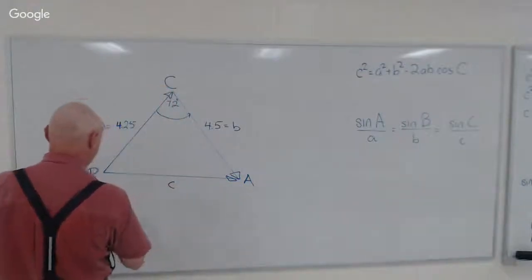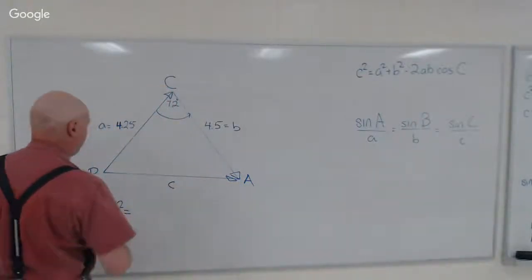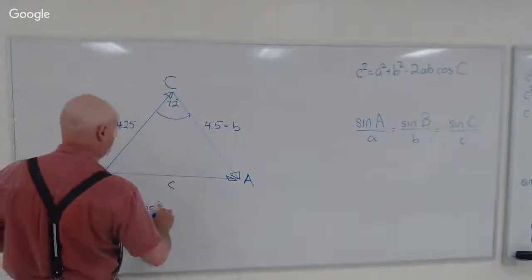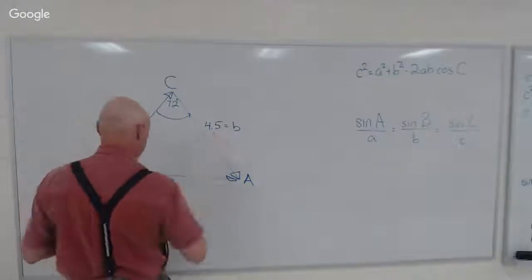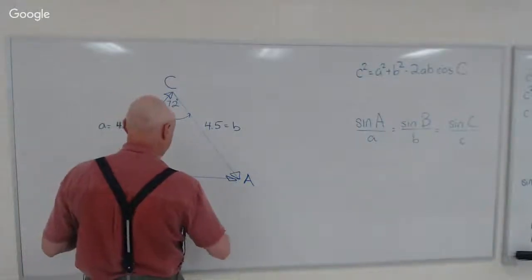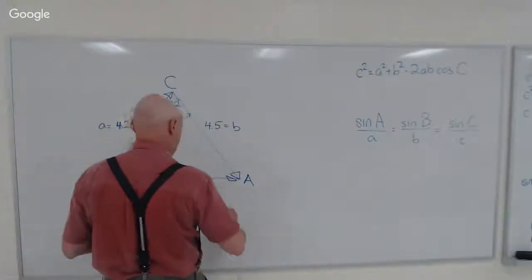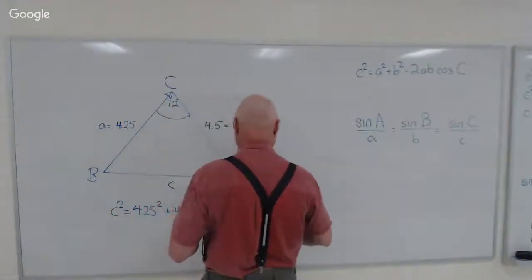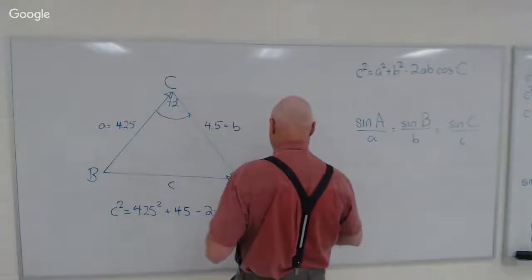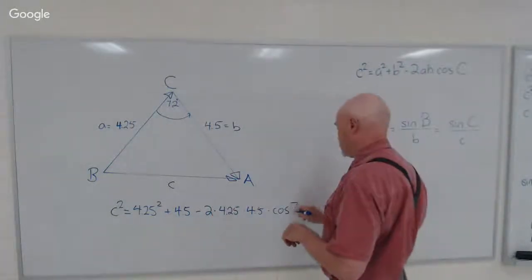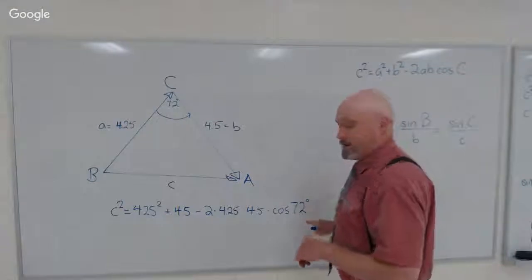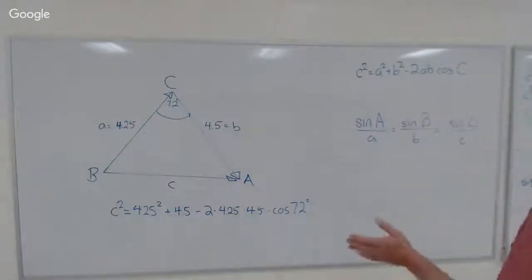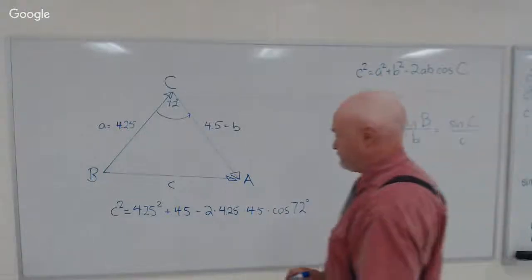So c squared, which is what I'm trying to find out, is equal to a squared, in other words, 4.25 squared, plus b squared, in other words, 4.5 squared, minus 2 times 4.25 times 4.5 times the cosine of 72, and make sure your calculator is in degrees when you do this one. So there's my great big long expression.